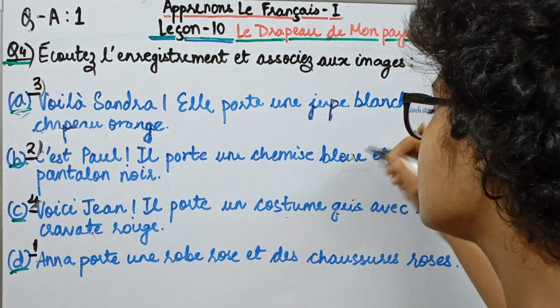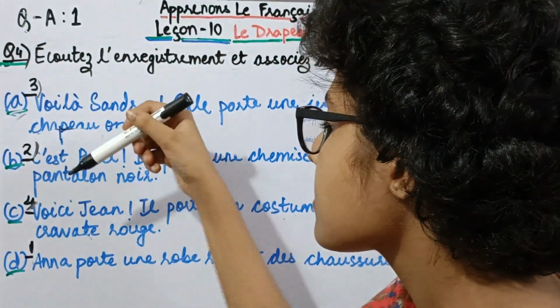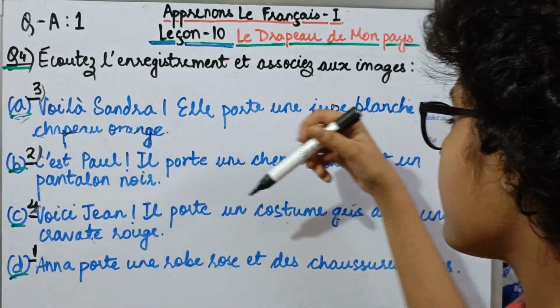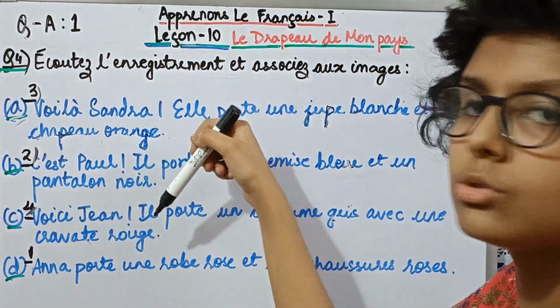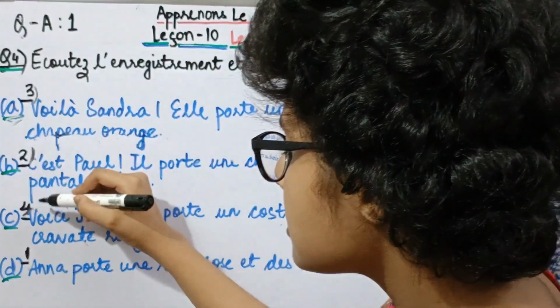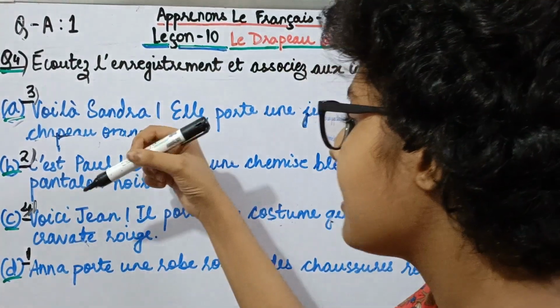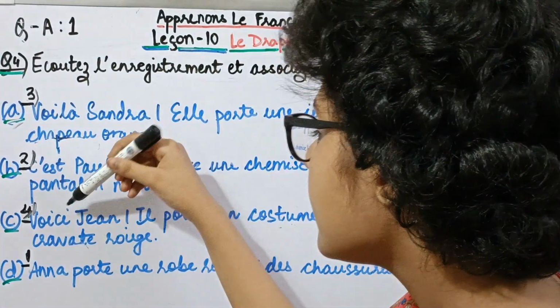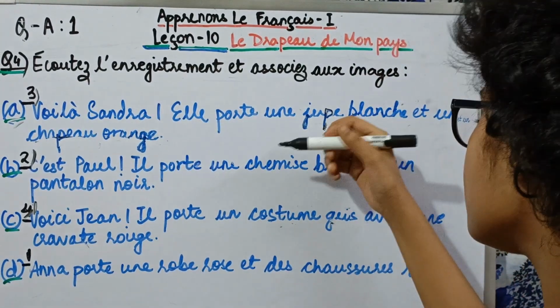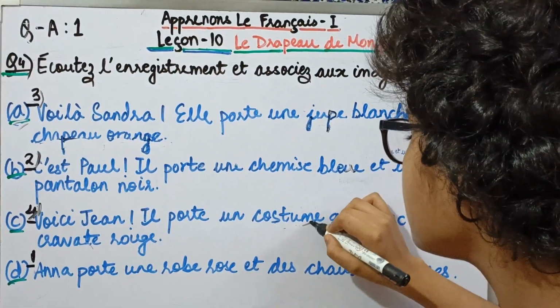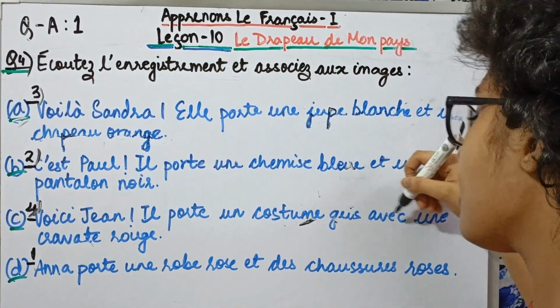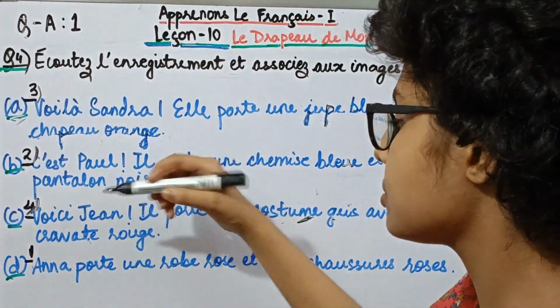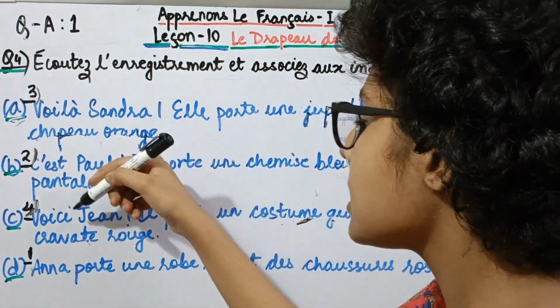Then we have the C part, that is voici Jean, il porte un costume gris avec une cravate rouge. So this is the fourth description that matches the C part. Here is Jean, he is wearing a grey costume. The costume here means the coat and the pant, avec une cravate rouge, which means with a red tie.